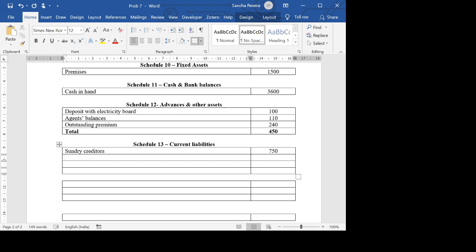Then we have outstanding expenses. Outstanding expenses are 250. And we also have claims outstanding, which is 350. So total of this comes to 1,350, I think. Yes, 1,350.